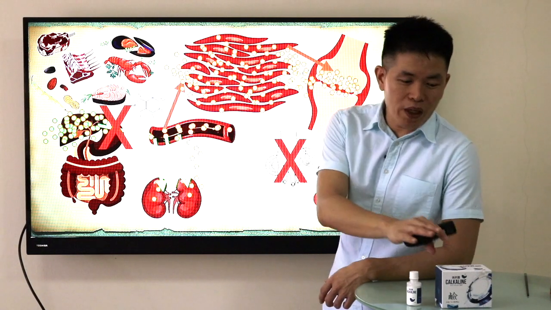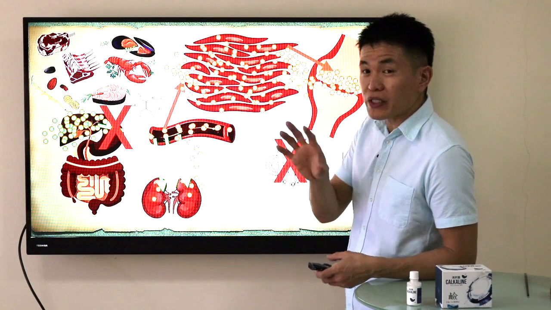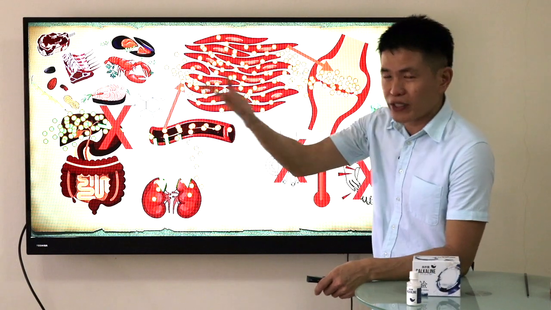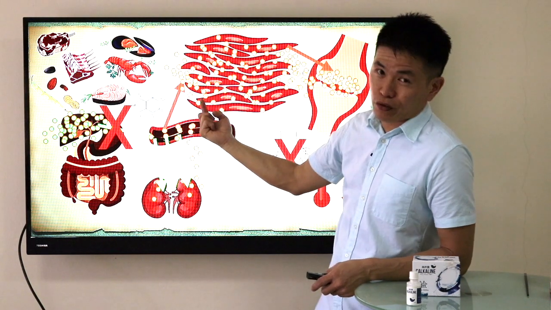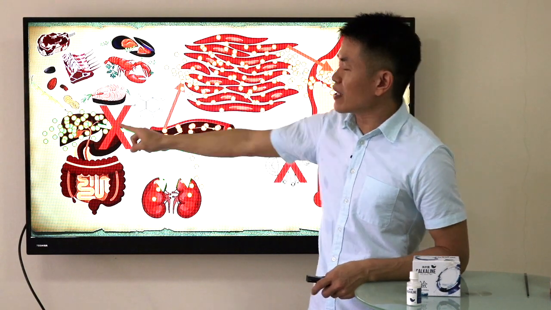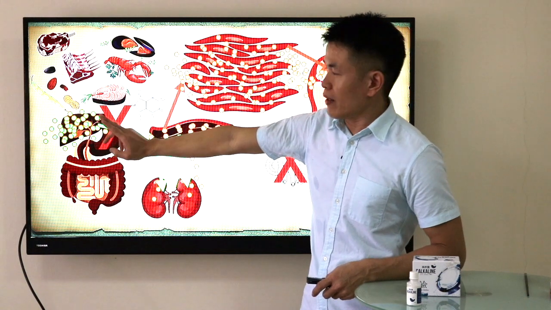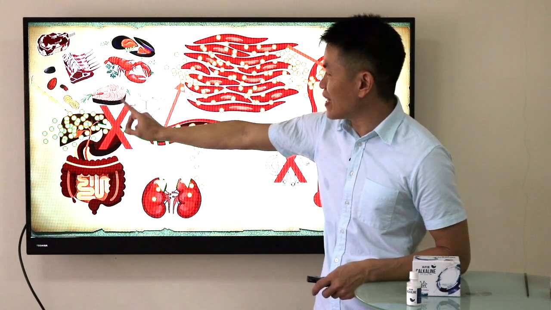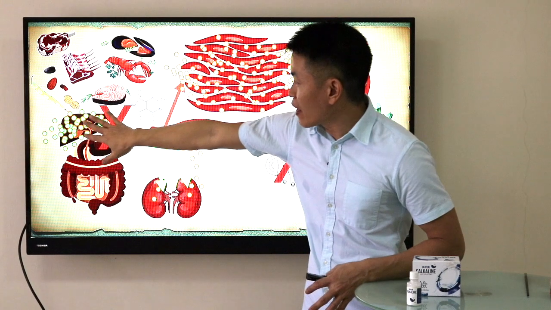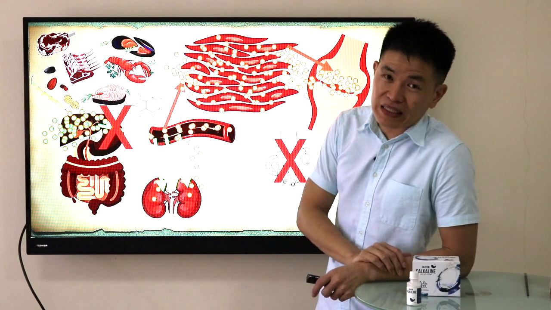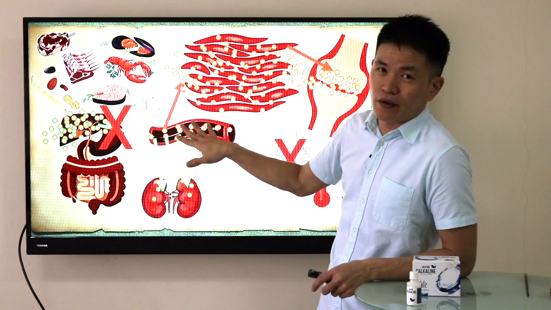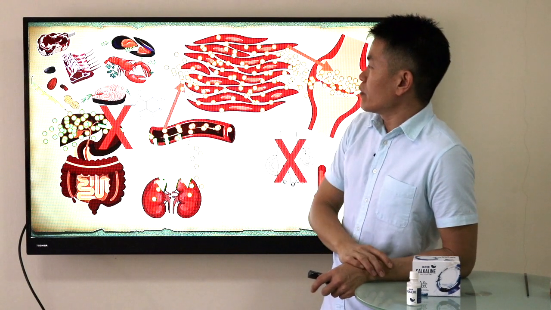The objective of Calkaline, which you can watch in another video, is to bring the uric acid back out to the bloodstream. This already causes a rise of uric acid in the bloodstream. And then if you suddenly stop allopurinol, you will cause the release of the dam. Then they will release a lot of uric acid, so you have a spike of uric acid in your downstream, or in your bloodstream.